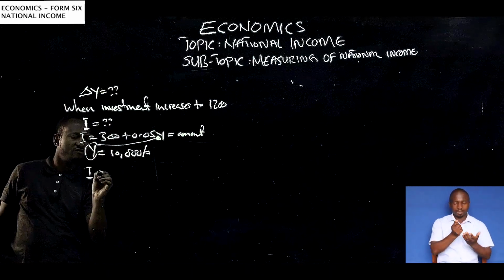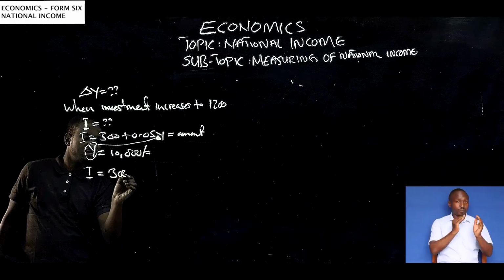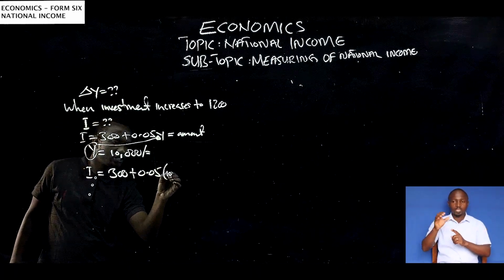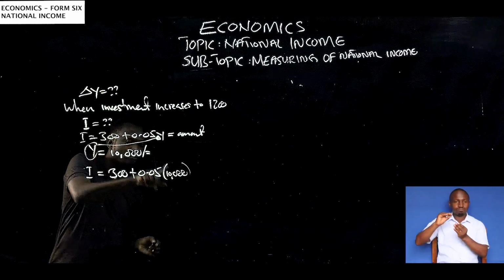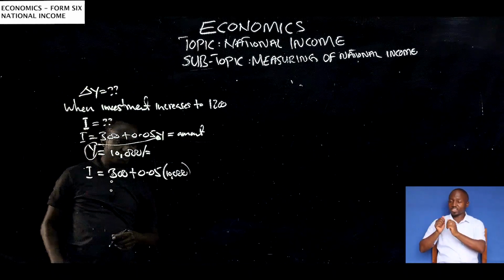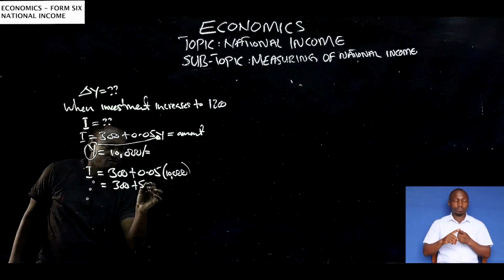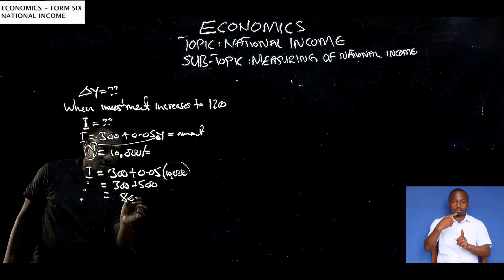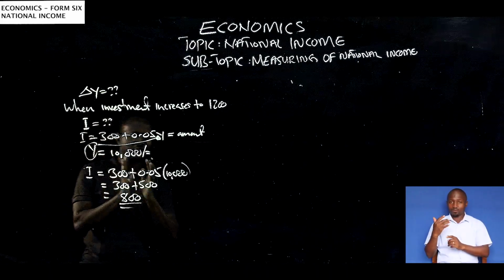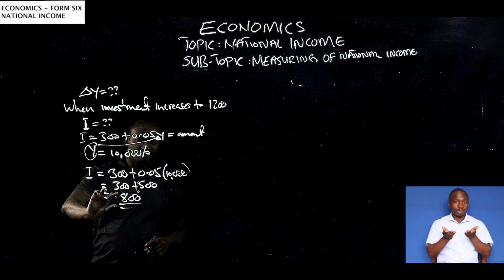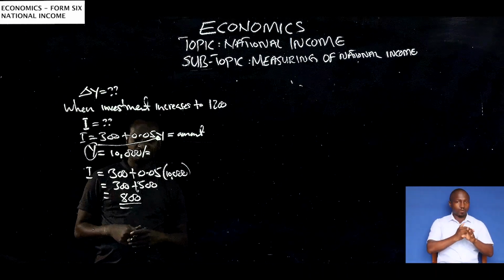So investment before changes, 300 plus 0.05 times y, you put in 10,000, the level of income from part A of our question number 2. So here we get 300 plus 500, we get 800. So this is the amount of investment before any change.